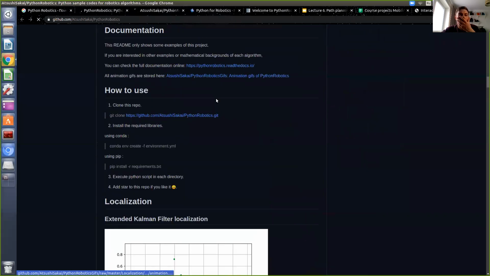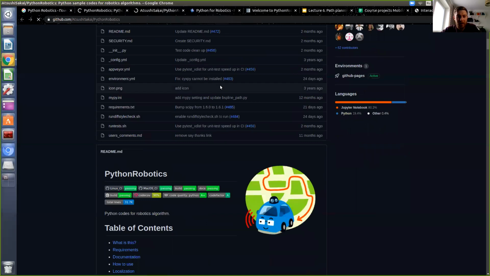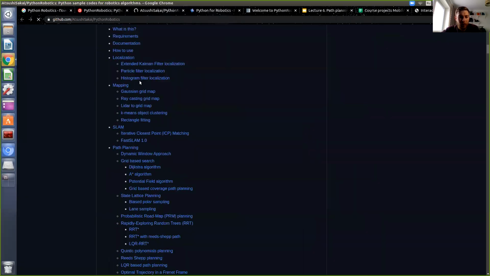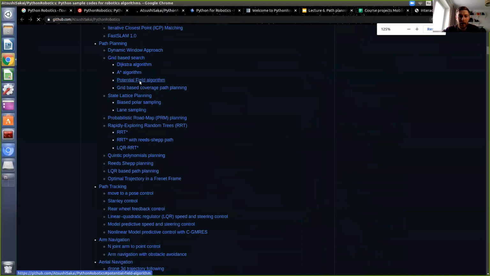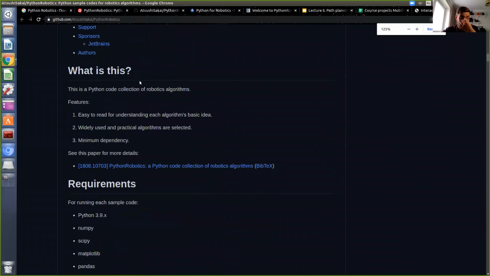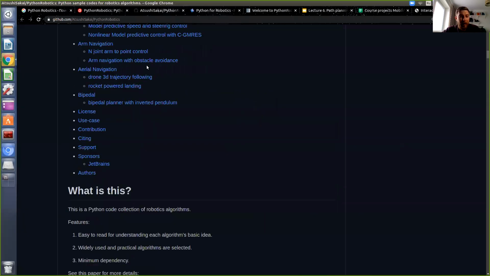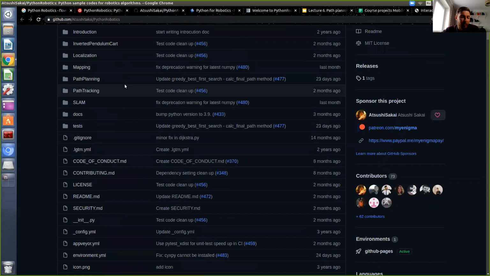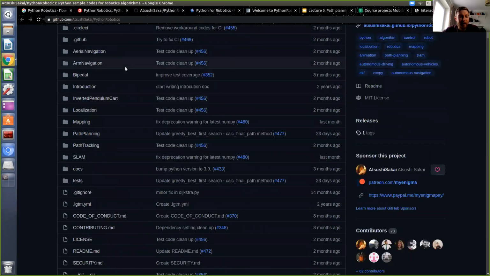Yes, so here's a repository on GitHub called Python Robotics, and it is really cool for studying different robotics algorithms, not only path planning. What the author did was make a collection of different robotics algorithms, and he provided really simple, naive, and straightforward implementations of different methods in Python.